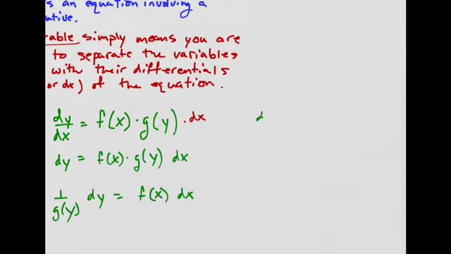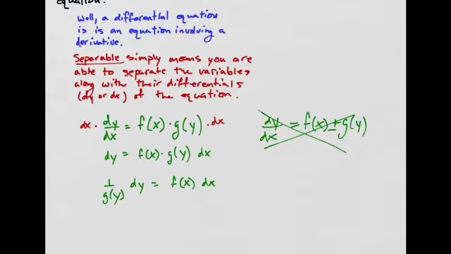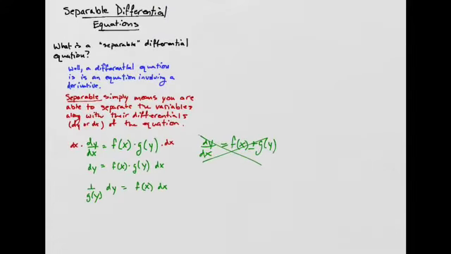If you have something like dy/dx equals f of x plus g of y, or minus g of y, this turns out to not be separable. So separable differential equations have that form, and we're going to take a look at an example.